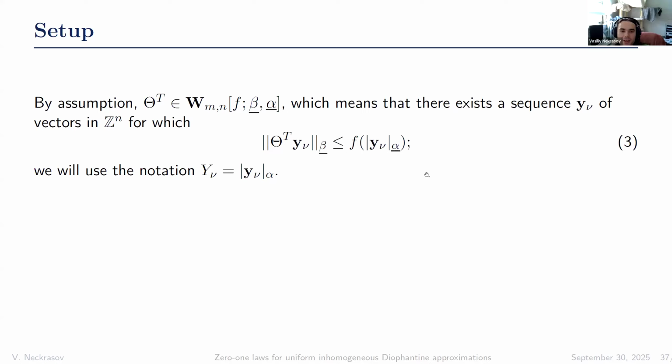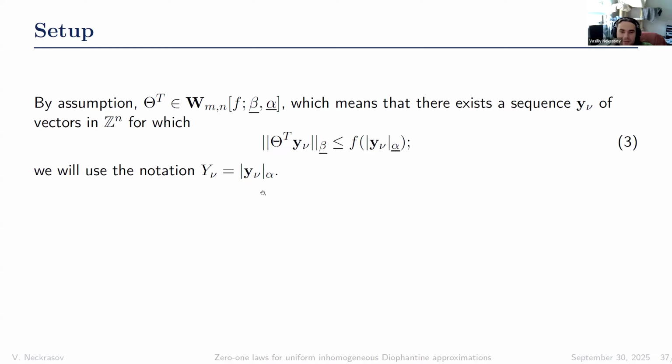So a reminder is that we want to prove the following fact. If a matrix theta transposed is approximable with the function f and with weights beta and alpha, then the measure of the set of G-Dirichlet shift vectors, up to some constant epsilon, will be 0.